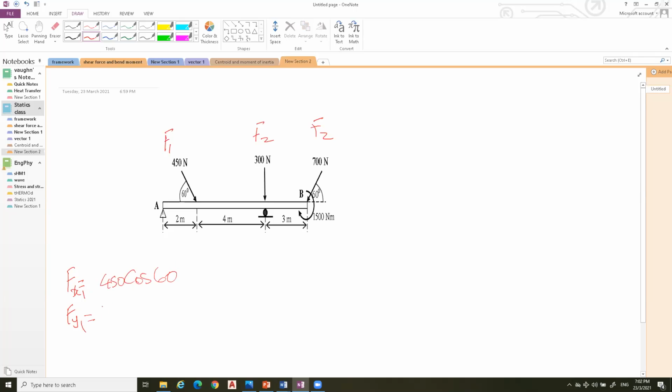Negative 450 sine 60. All right. So we finish those two. All right. So I want F of 2x and I want F of 2y.